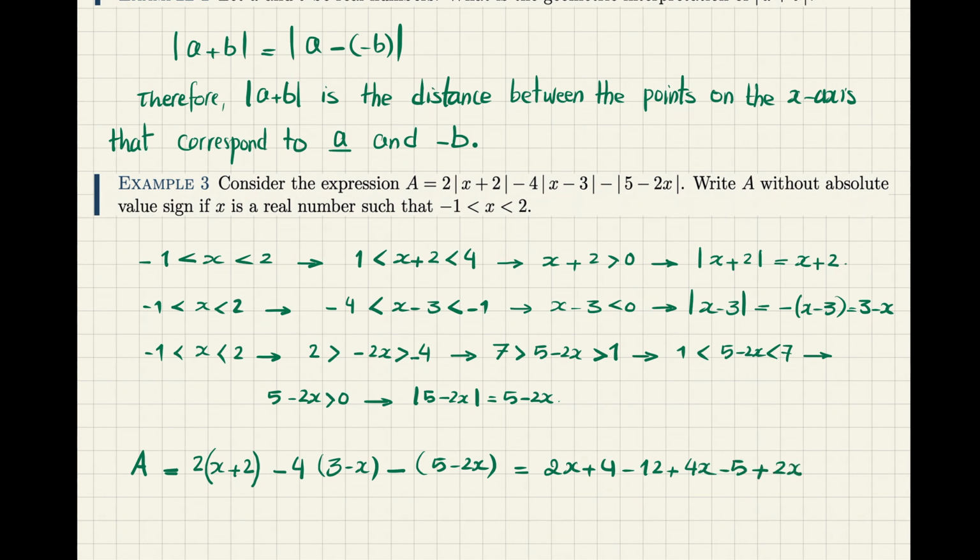And if you simplify that, here 4x, 2x is 6x, 2x is 8x. So I will have 8x, and then here I have 4 minus 12 is minus 8, minus 8 minus 5 is minus 13. Yes, so it becomes minus 13.